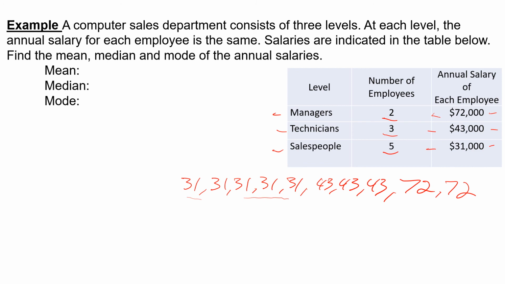Okay, so now we're going to calculate our mean. I'm going to add up all these numbers. So I'm going to go 31 plus 31 plus 31, and so on, or in other words, 31 times 5, plus 43 times 3, plus 72,000 and another 72,000.